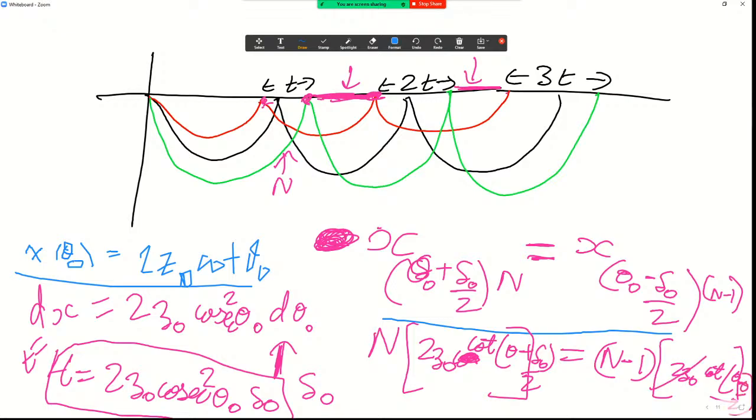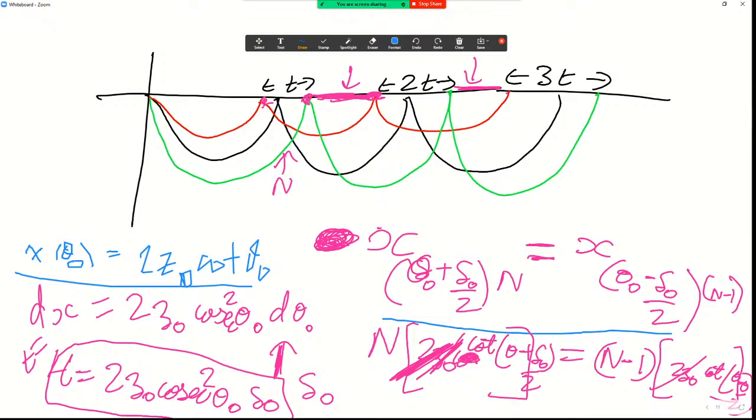So we can eliminate this and solve this. So we have n times tangent of theta minus d theta by 2 equals n minus 1 times tangent of theta plus d theta by 2.